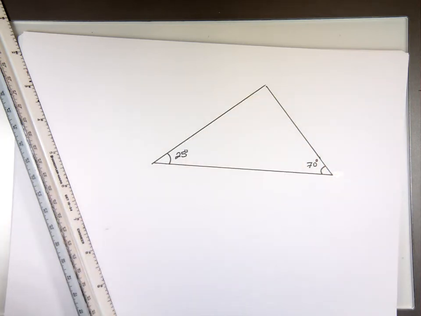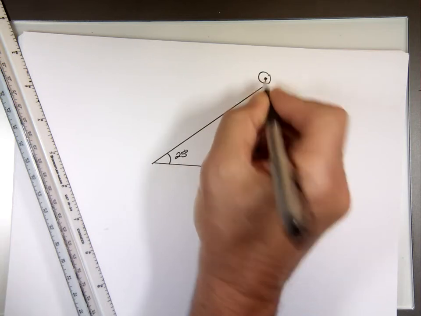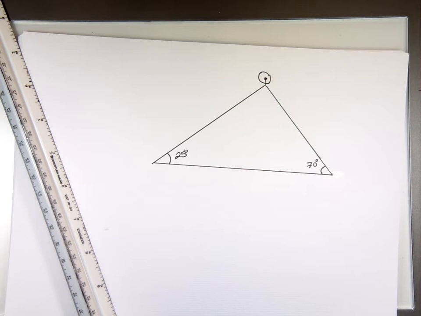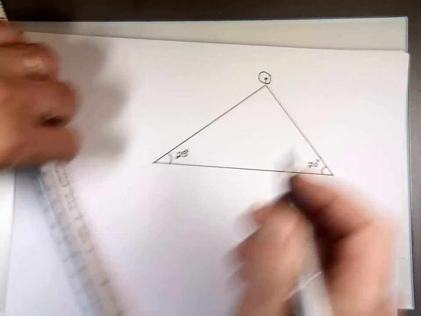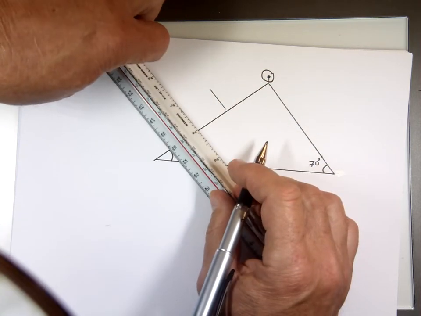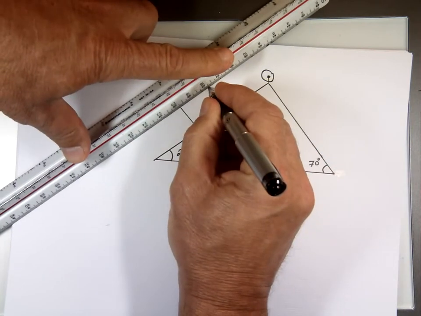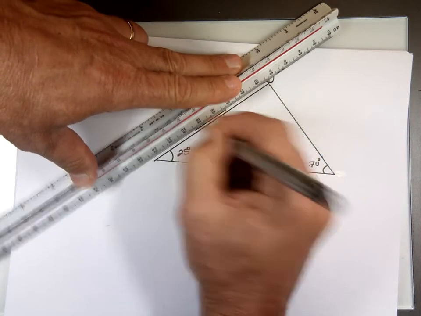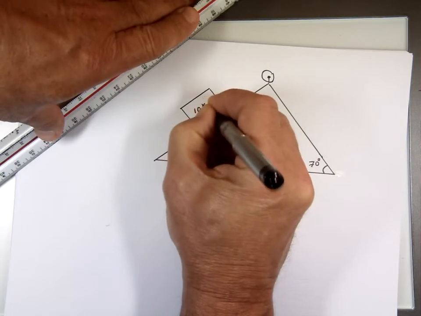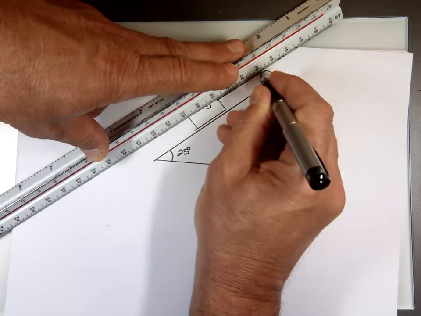There's a pulley here. Let's put a 10 kilogram mass here. That's 10 kilogram. There's a string that goes over the pulley and comes down this way.